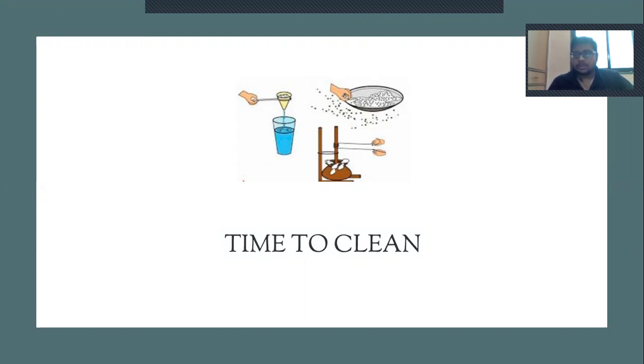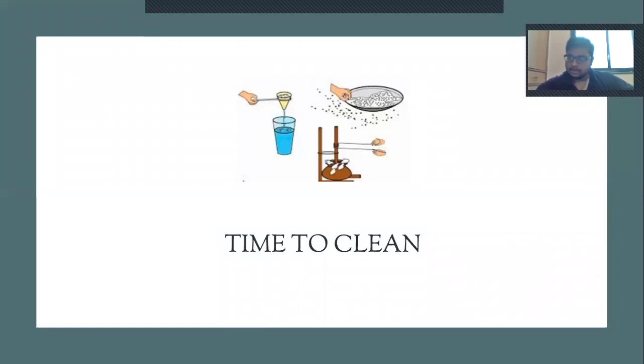Today we will study separation of materials, like it's time to clean, correct? What a good caption: it's time to clean. See, there are many things which are mixed up. Let's say your little brother or sister mixed up atta and some other things, kidney beans for example.